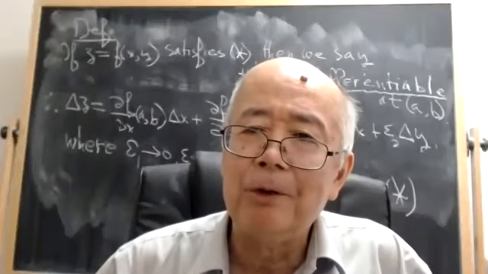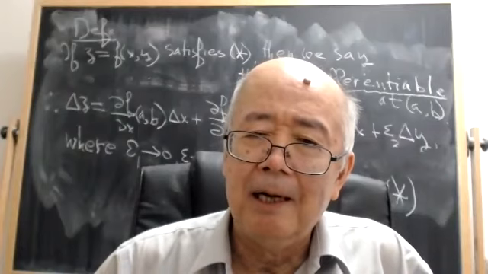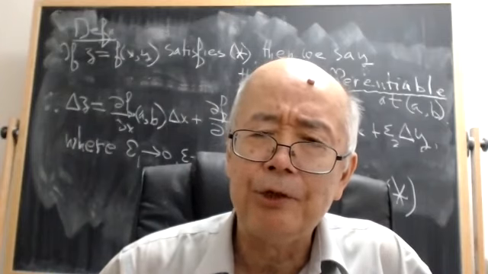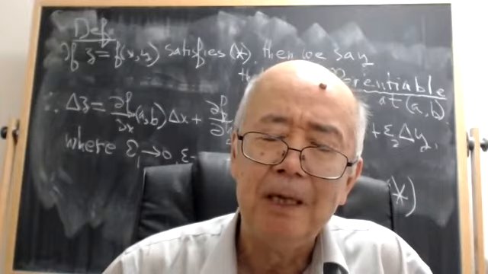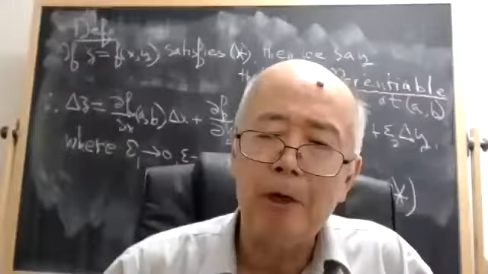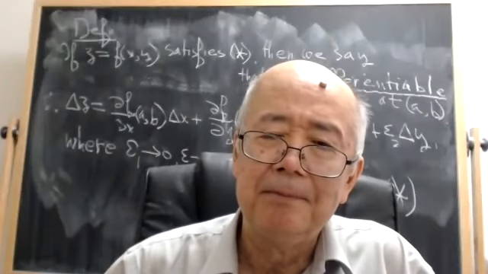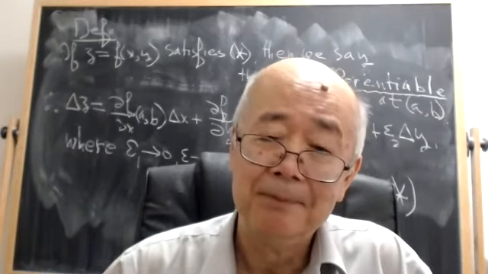For example, you still remember that question? If you have a vector with constant length, its derivative is perpendicular to the vector. Those are the proofs, right?